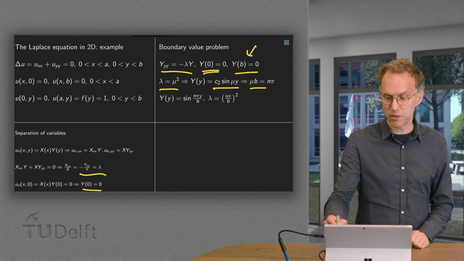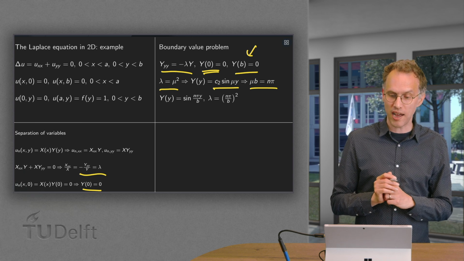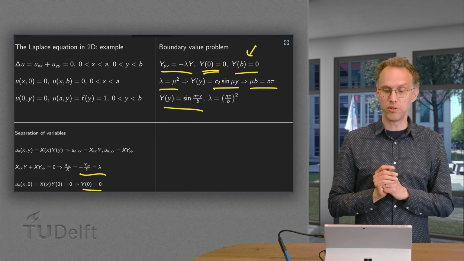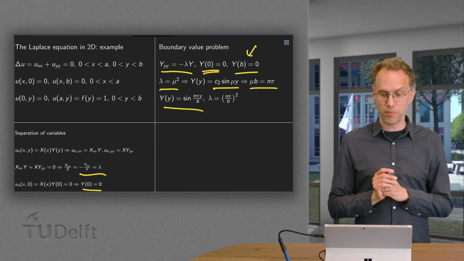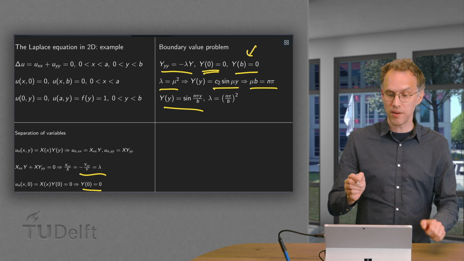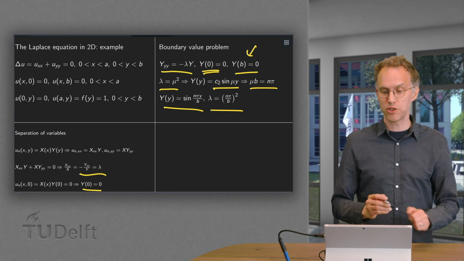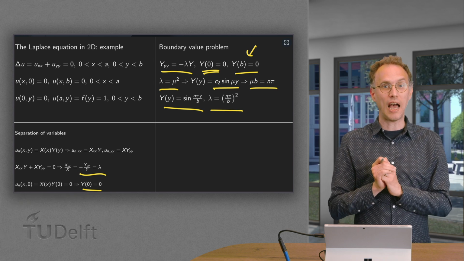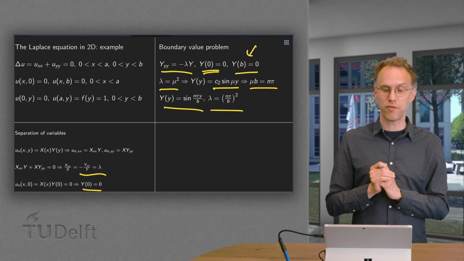So mu times b has to be a multiple of pi, and we denote our solutions as sine of mu times y, so that will be sine of n pi y over b. And our lambda will be equal to mu squared equals (n pi over b) squared. So, end of this step, we have found Y(y).